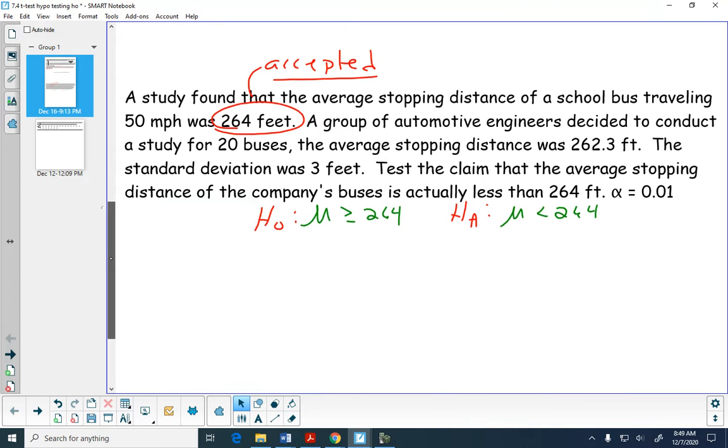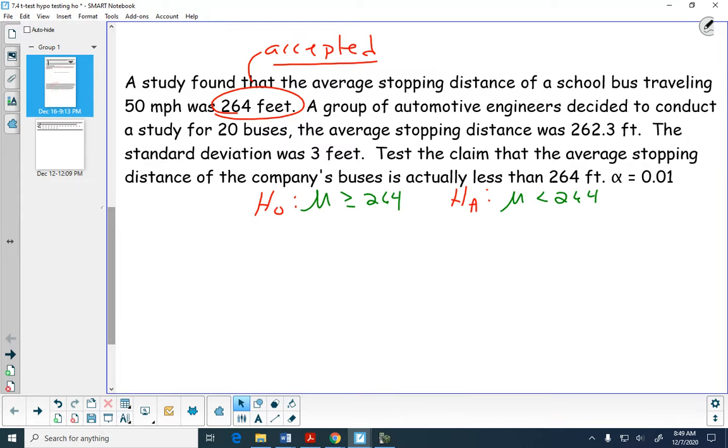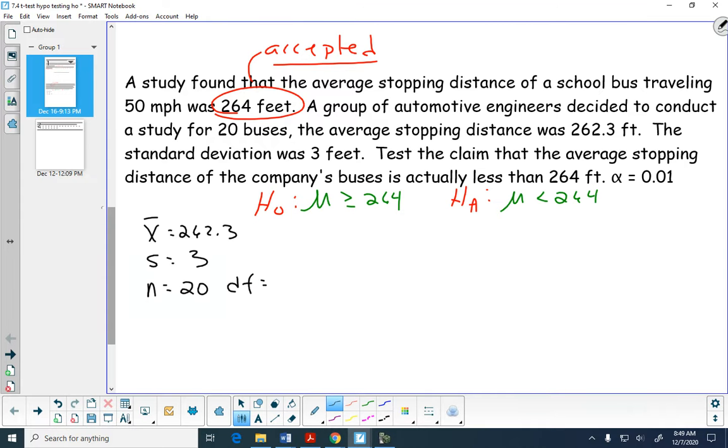So we now look at our information. We have an X bar of 262.3. We have a standard deviation of 3. We have a sample of 20, which gives us a degree of freedom of 19.